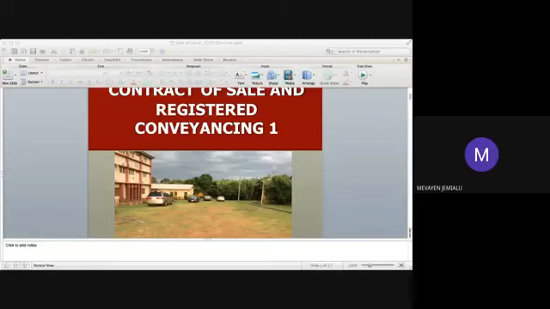The document that will be used to transfer the totality of the interest of the vendor in that property, be it legal or equitable, to the purchaser is known as a deed of assignment. In a deed of assignment, the parties are usually referred to as the assignor for the vendor and the assignee for the purchaser.